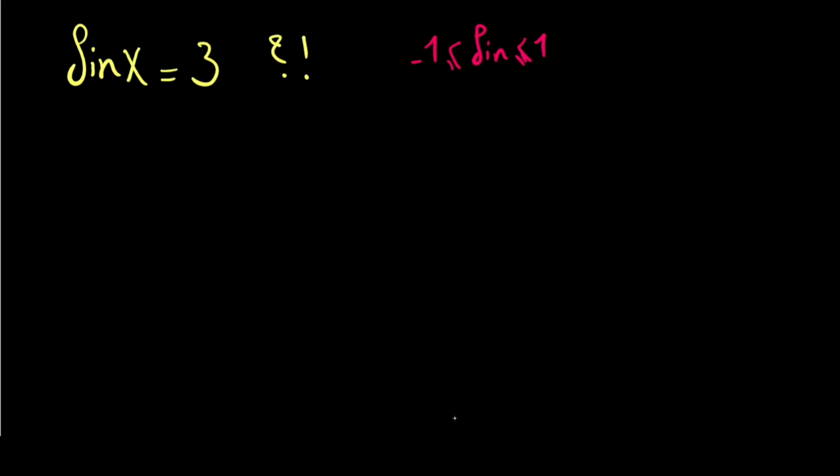And if you graph sin x, that's a periodic function, it's going to be like this and like this. This is minus 2 pi, this is 2 pi, and yes, it goes to infinity and minus infinity. But you know, this is sin x, and x is a real number in sin x.